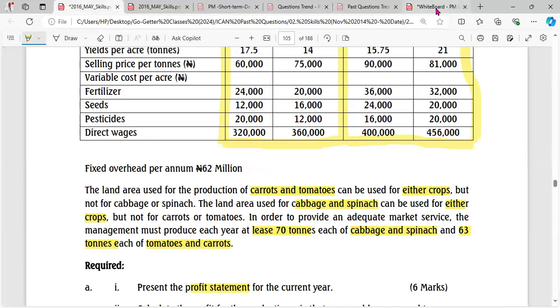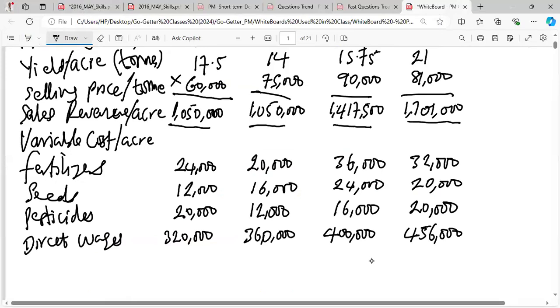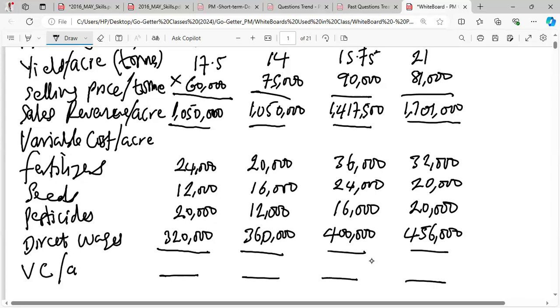Yes, they are correct. Now that we have that, we will now get our variable cost per acre.